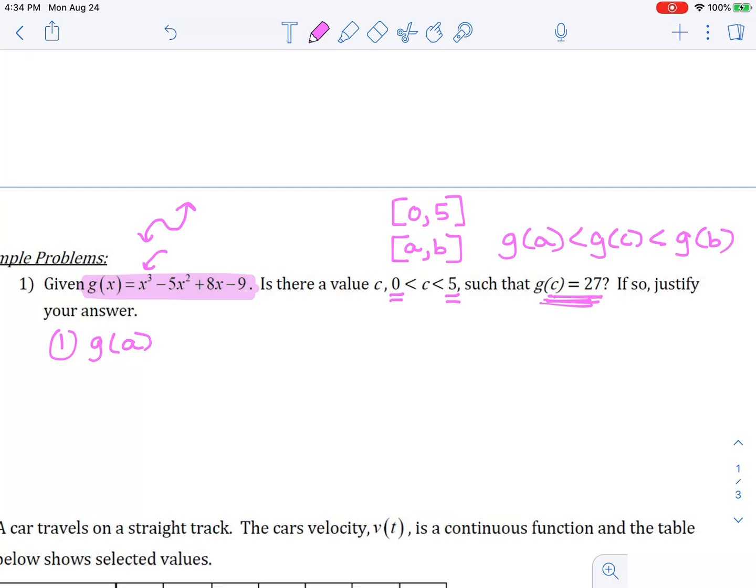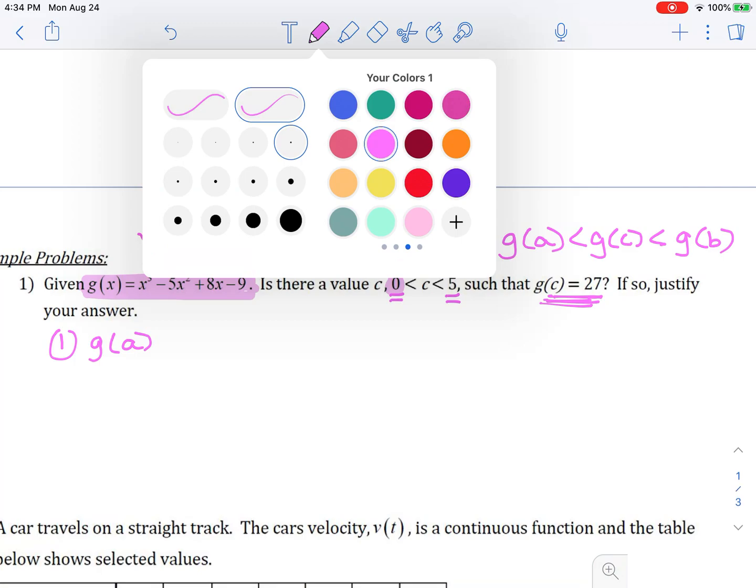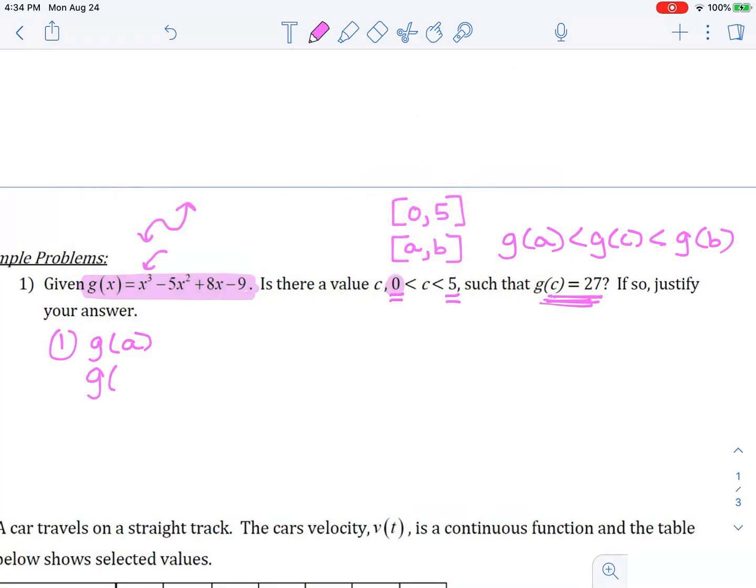Well, my a value, remember, is 0. So let's just plug and chug. G of 0 is plug 0 into our function: 0 cubed minus 5 times 0 squared plus 8 times 0 minus 9. I believe g of 0 just equals negative 9.